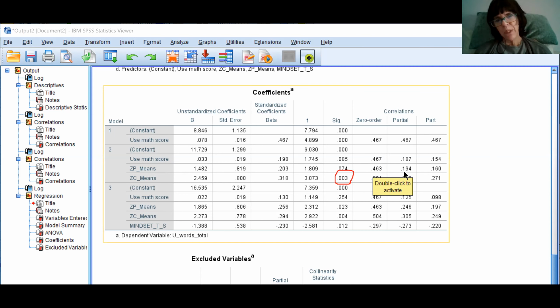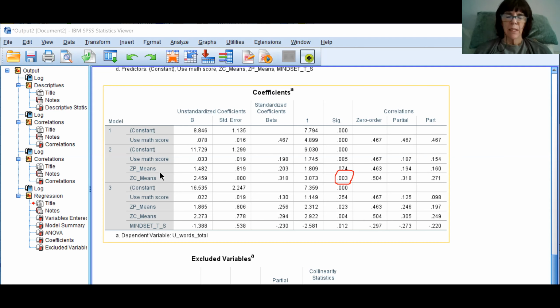But once you take conceptual understanding into the model, so either the part or the partial, both of which recognize that conceptual understanding is in the model, they considerably lose. They take a hit to the amount of variance that is available.